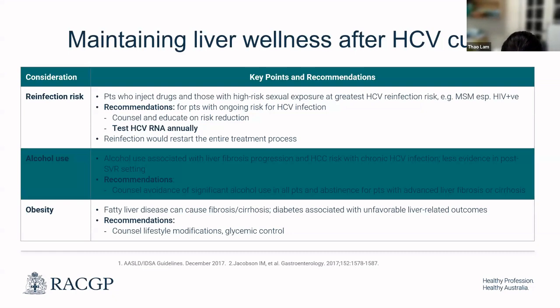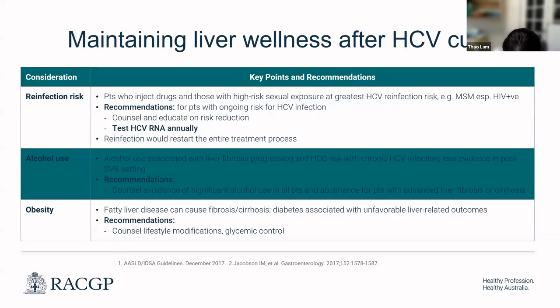Provide advice on safe alcohol use. So our guidelines recommend no more than 10 standard drinks per week for a man or woman. Recommendation would be less if you've got other risk factors for liver disease, such as, for example, metabolic associated fatty liver disease. For people with cirrhosis, I recommend abstinence.